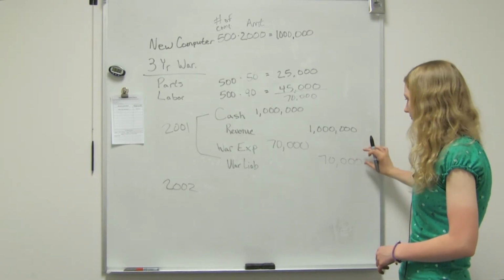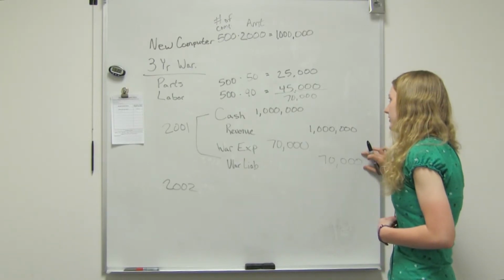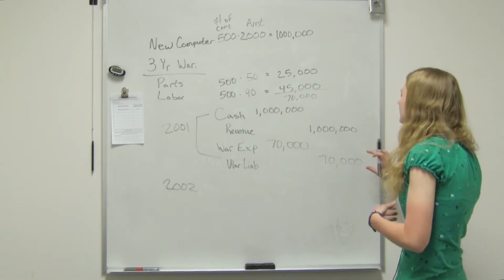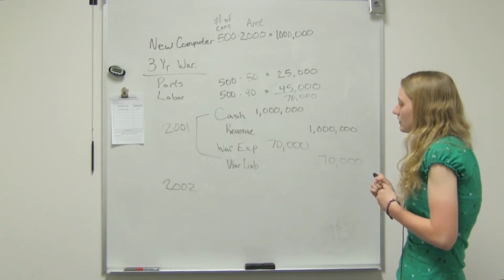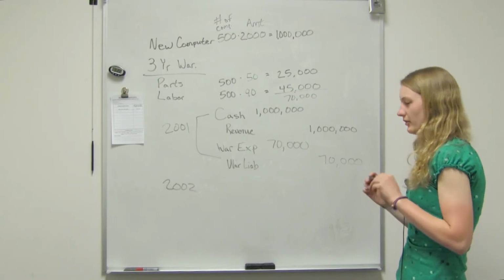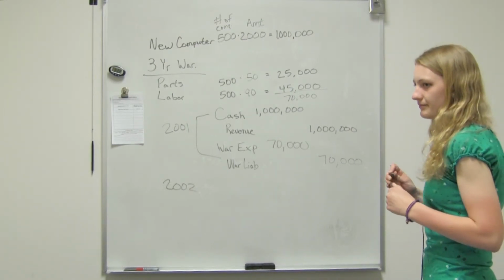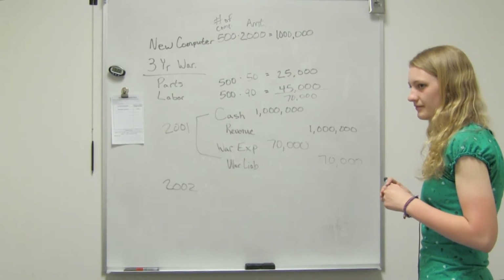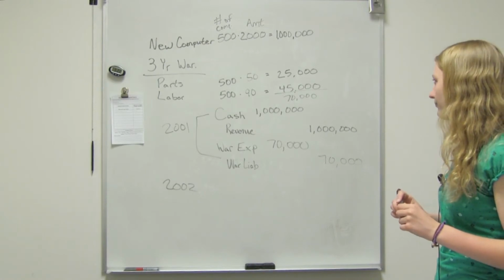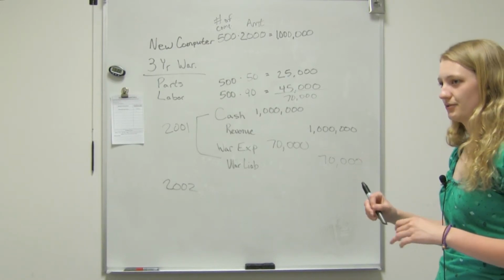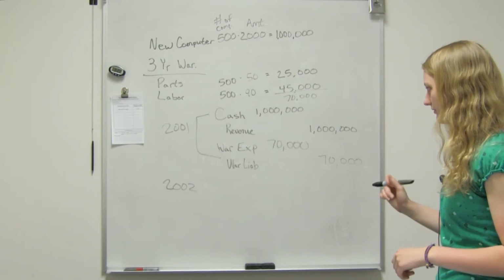So we don't touch that though. Trying to think how to explain. So what are you asking exactly? Like, we're just assuming that the 17,500 and 6,000 for parts and labor are included in the 70? No, they're the actual expenses that people came and redeemed their warranty for.